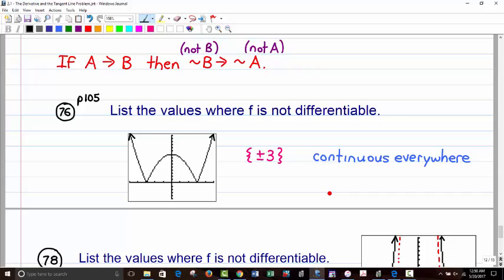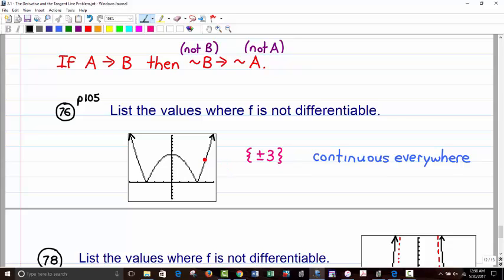Now this graph, the question's asking: list the values where f is not differentiable. You can assume we're in an open interval, so the fact that these arrows go on and on, don't worry about that.